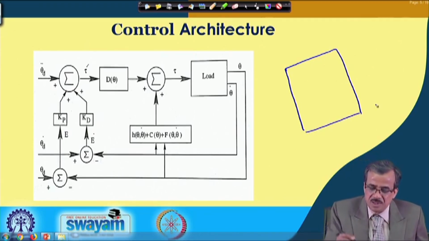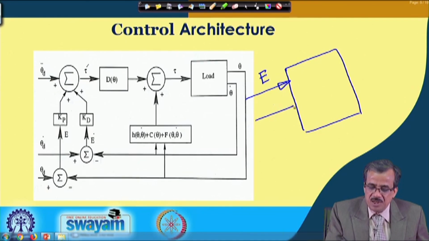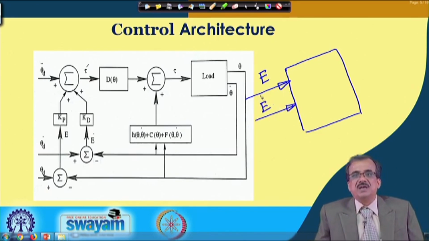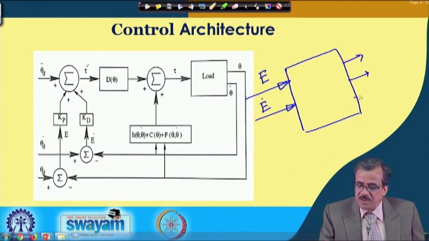The inputs will be E, the error, and E dot, the rate of change of error, and the outputs will be the gain values. If I use PID, there will be Kp, Ki and Kd.